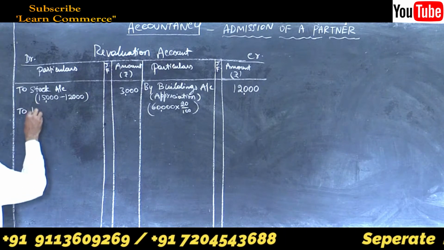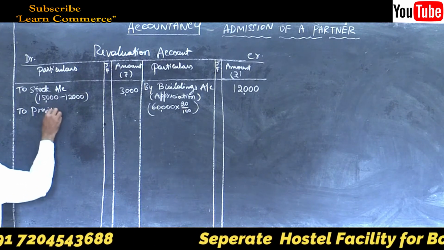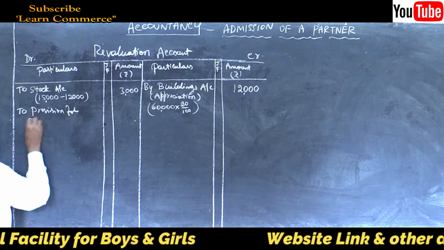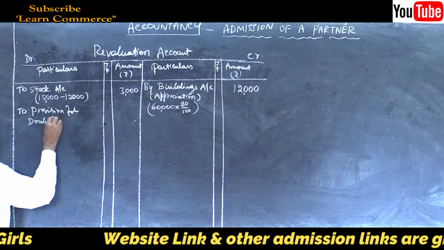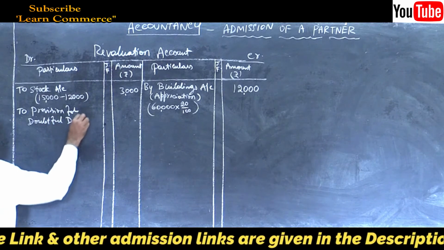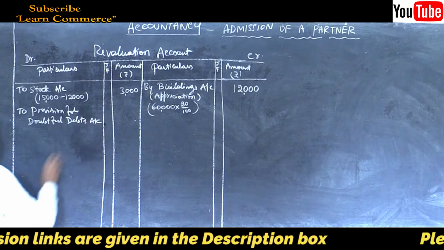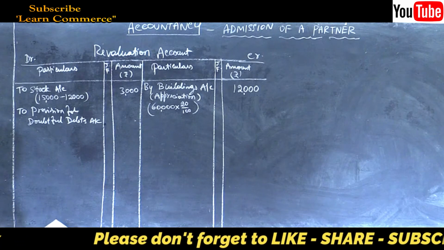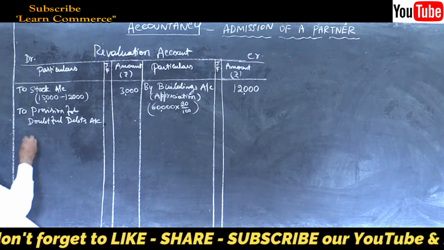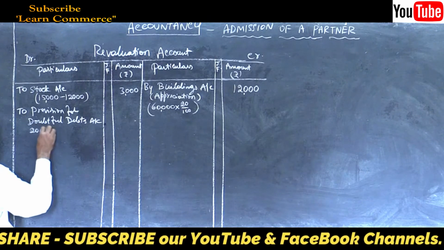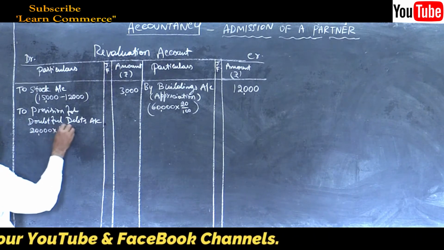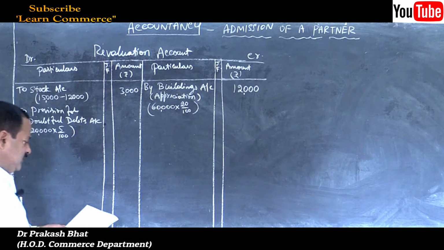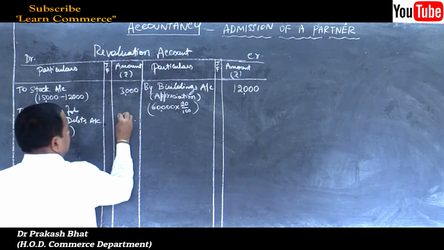So, provision for doubtful debts account. Calculate 5% on the value of debtors, that is 20,000 minus 5%. Show it in the bracket. Calculation you must show. 5% of 20,000 comes to 1,000.